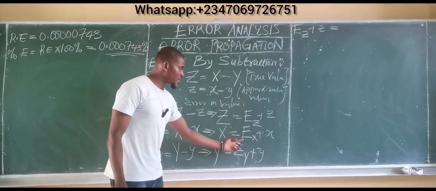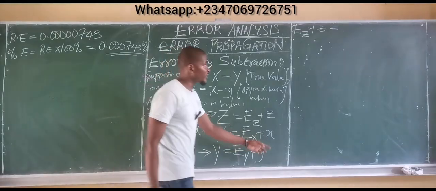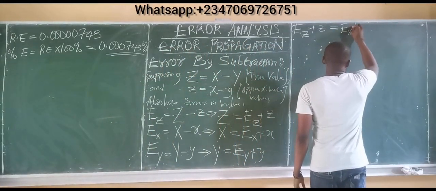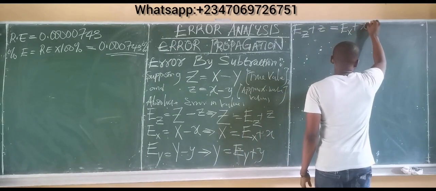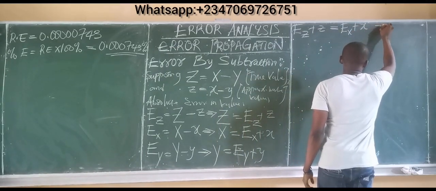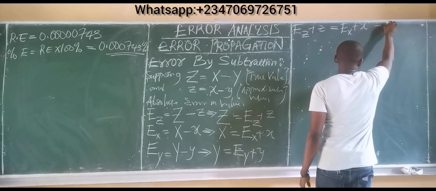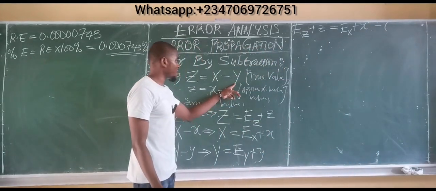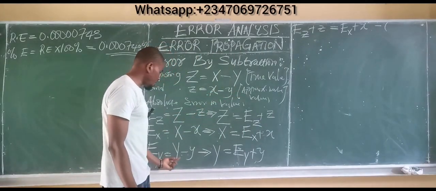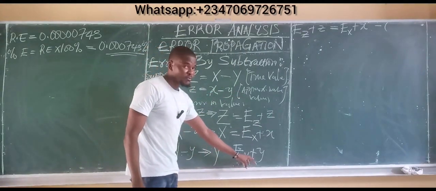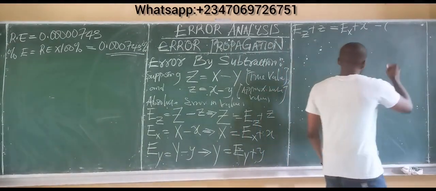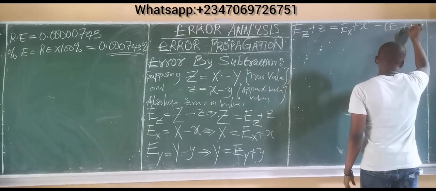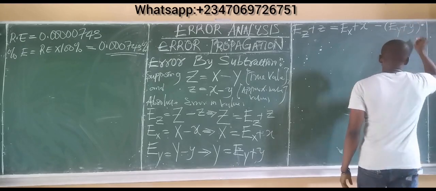We obtained it here as error in X plus the approximate value of X. Okay, this minus, now let's plug in, we have minus Y, the true value of Y, and the true value of Y is error in Y plus the approximate value of Y.